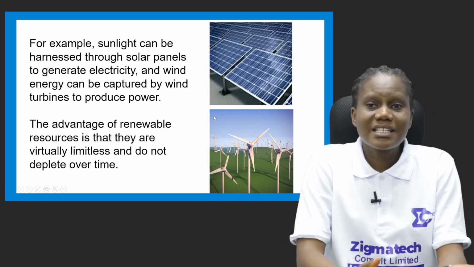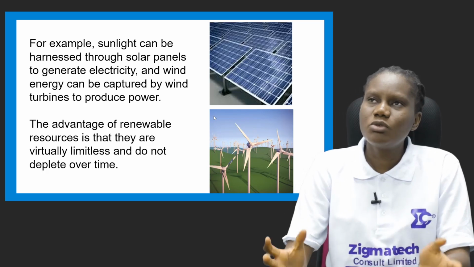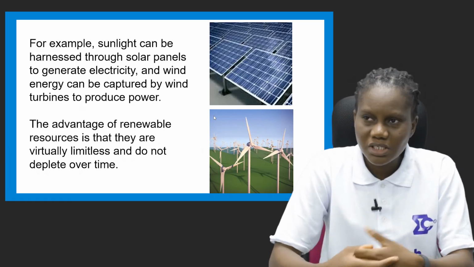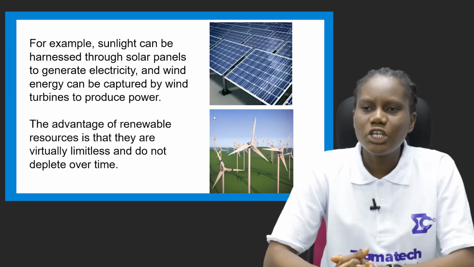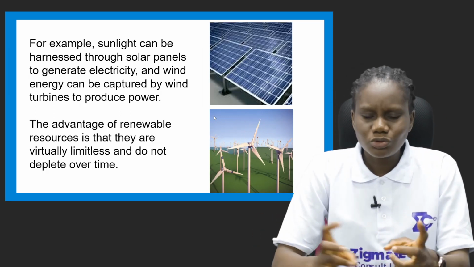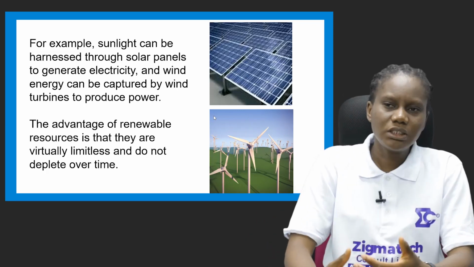For example, sunlight can be harnessed through solar panels. Maybe you have seen some buildings and you check on top of the zinc, and you see some panels joined together, very many, and you think, what is this called?